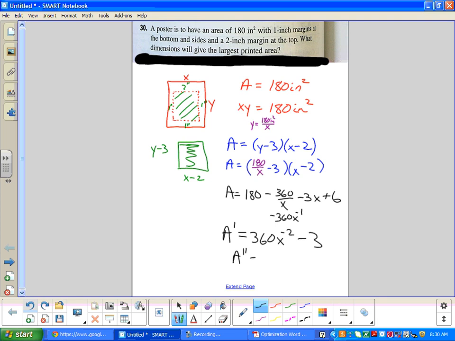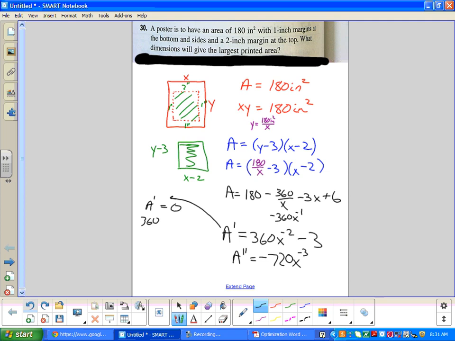If I want to optimize, maybe I'll do this before I jump off the bridge. Everybody, a double prime, do you guys agree it's negative 720 x to the negative third? And what do we know? The second derivative is always going to be negative because you can't have negative area. And if the second derivative is negative and the first derivative is 0, we got ourselves a max. So I'll say, hey, let's make A prime 0.